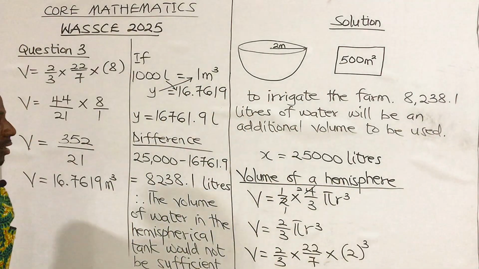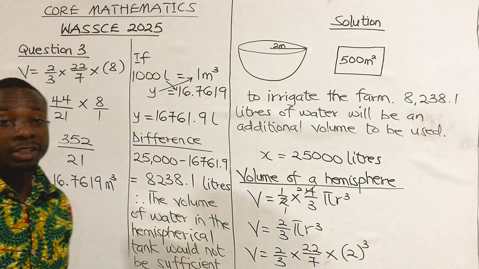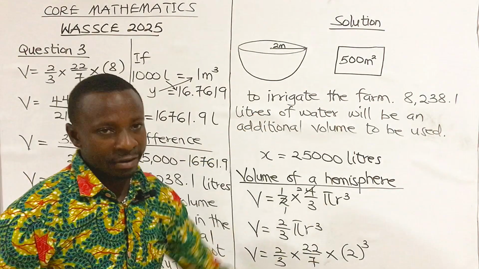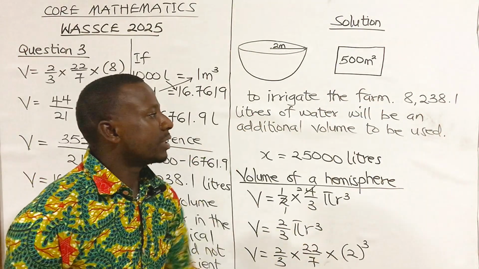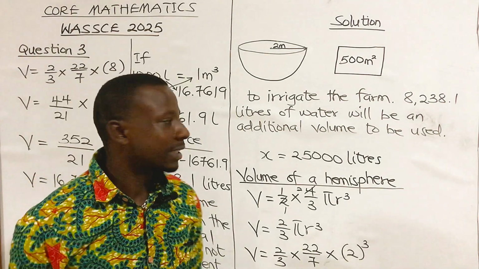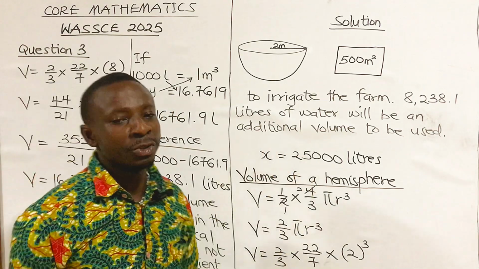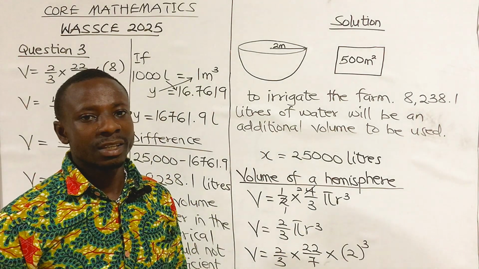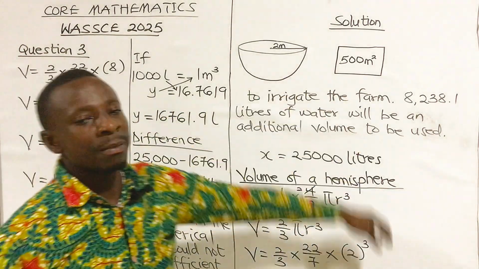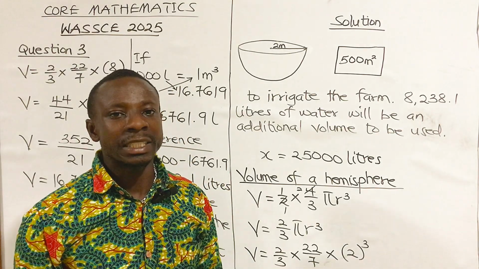All right. So the volume of water in the hemispherical tank will not be sufficient to irrigate the farm. 8,238.1 liters of water will be an additional volume to be used before the farm can be sufficiently irrigated.